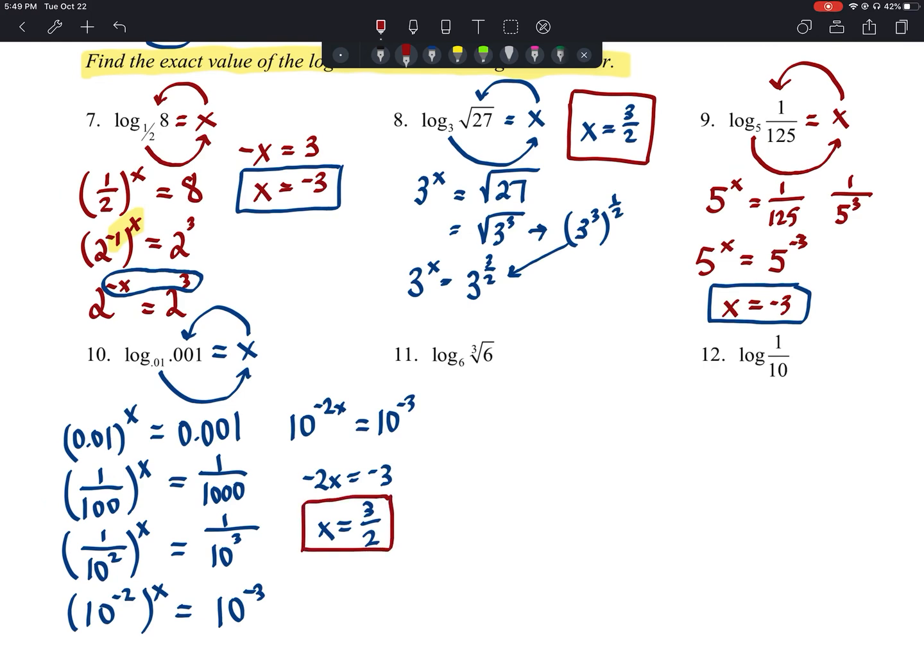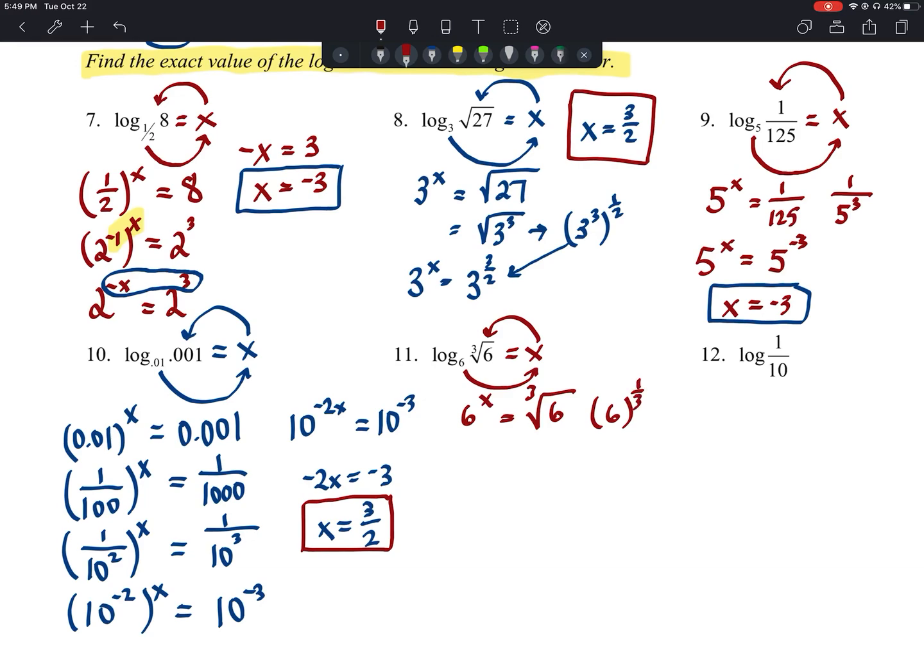All right, two more. Number 11 says log base 6 of the cube root of 6. So nothing changes here. Hopefully we're getting faster at that. We've got 6 to the power of x is going to equal the cube root of 6. Now we know that the cube root of 6 is the same thing as 6 to the 1/3 power.